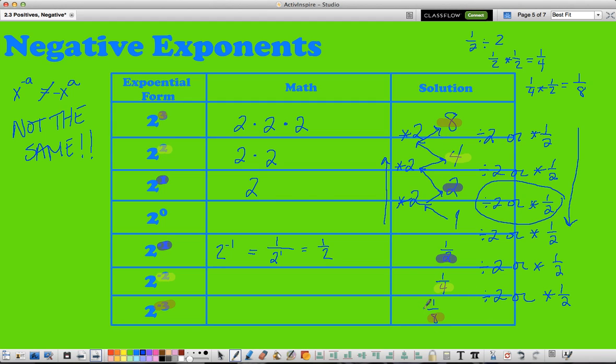So let's see if that works. 1/8 times 2 is 2 over 8, which is 1/4. And then 1/4 times 2 over 1 is 2 over 4, which is 1/2. Okay, so here's the math behind it and why it works and how it works.